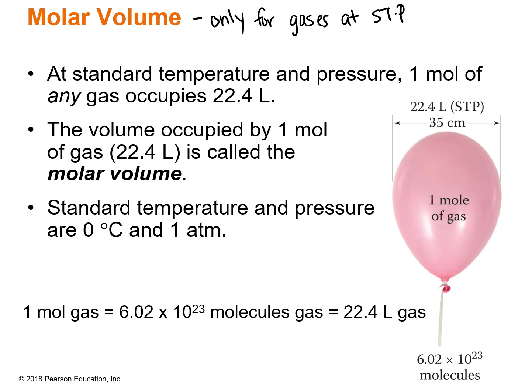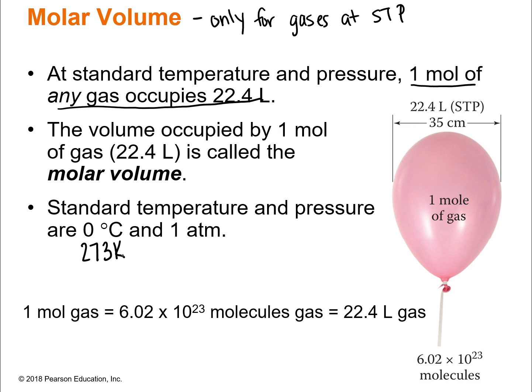At STP, 1 mole of any gas occupies 22.4 liters. That volume is called the molar volume. The conditions for that are 0 degrees Celsius and 1 atmosphere. Now, typically for gases, we're talking about Kelvin. Same thing.